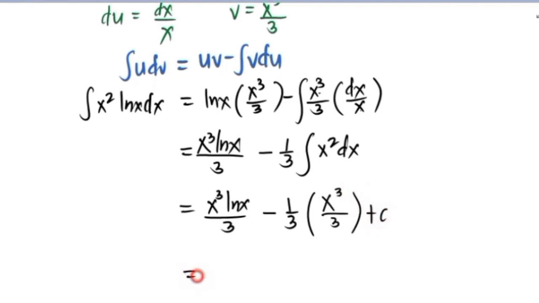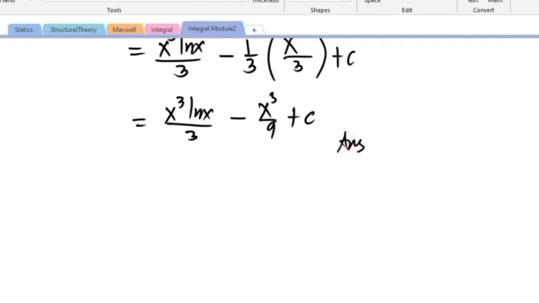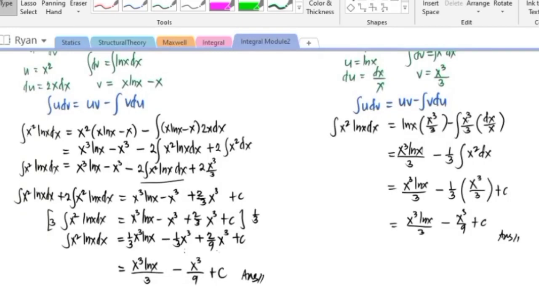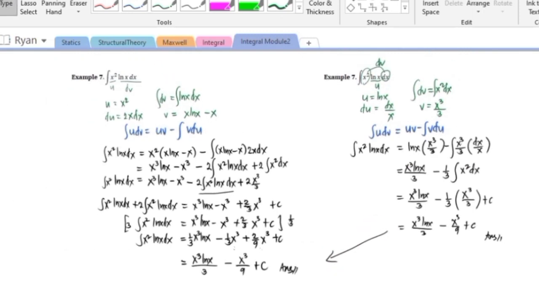So simplifying further, we would have x cubed ln x over 3 minus x cubed over 9 plus c. This is our answer. And if we are going to compare this dun sa sagot natin kanina, pareho lang sila, pero itong second solution natin is shorter compared sa first solution.